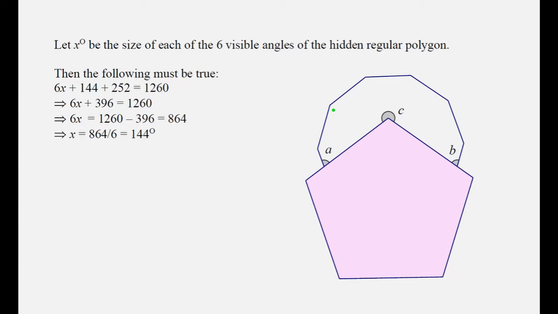So we're going to define each of these 6 angles, 1, 2, 3, 4, 5, 6. These 6 angles belong to the regular polygon that's partially hidden.